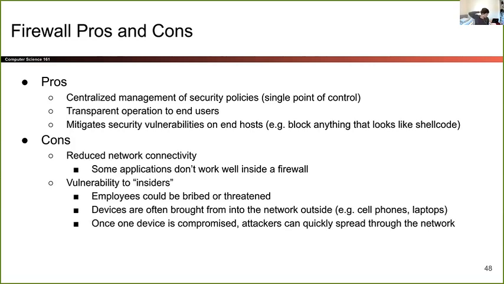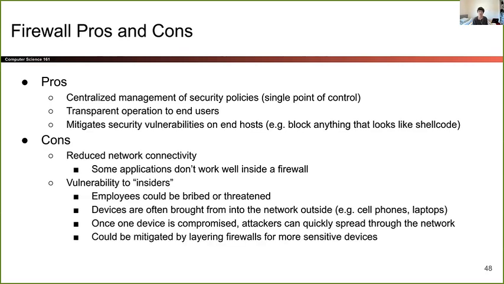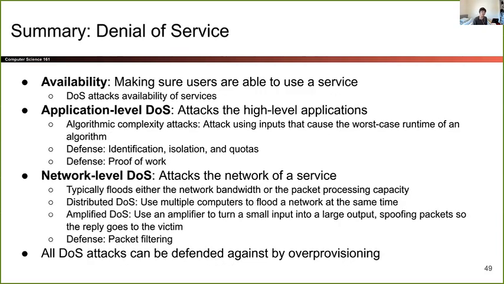The result of this is that once you have one compromised device, your entire network can quickly be compromised by attackers. You can mitigate this by layering internal firewalls. So maybe you have an outer layer that is somewhat protected and an inner layer that's super protected. You're not allowed to bring any devices in, but this is still one of the cons.